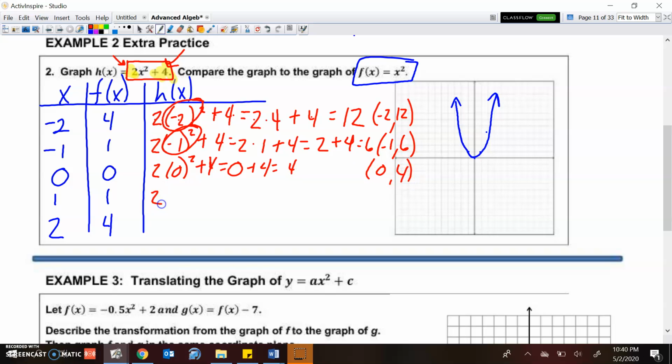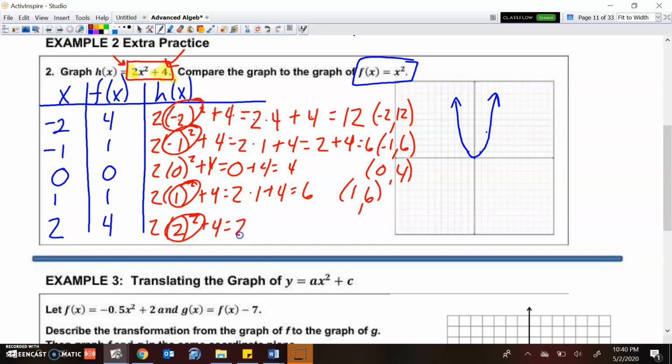Then we have, just to double check them, 2 times 1 squared plus 4. Order of operations. I square that, so now I have 2 times 1 plus 4. 2 times 1 is 2, plus 4 is 6. So my answer is 1, 6. And my last one, 2 times 2 squared plus 4. 2 squared is 4, so this is 2 times 4 plus 4, which is 8 plus 4, which is 12.